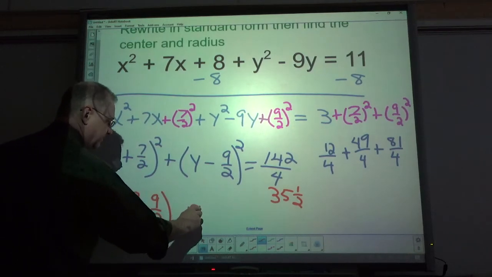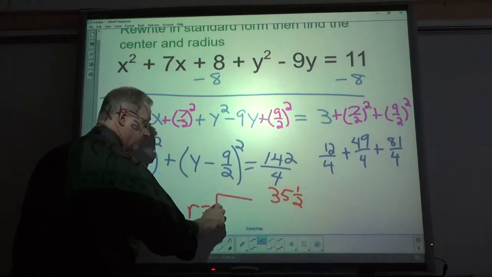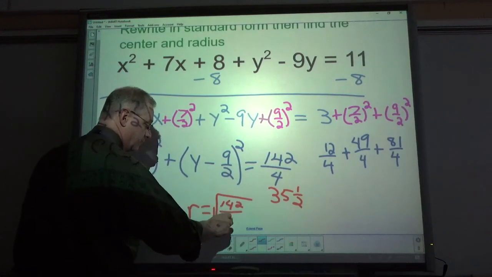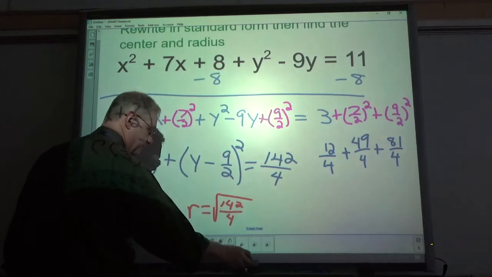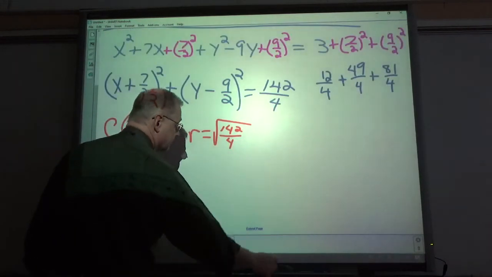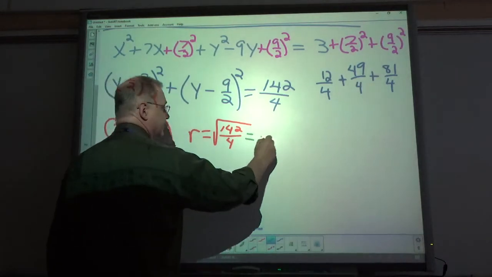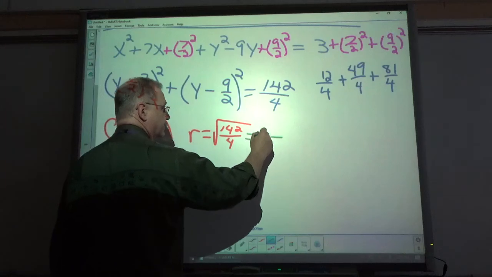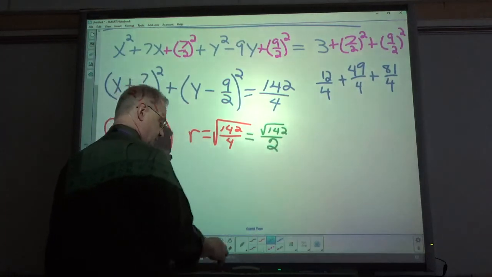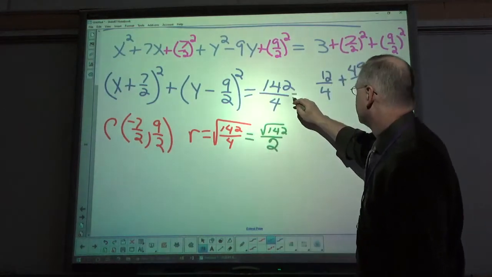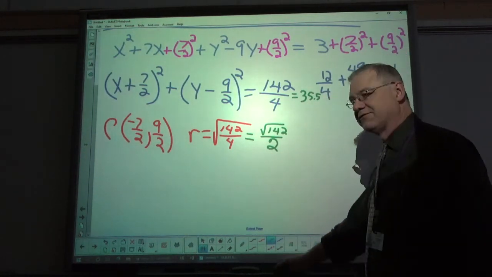The radius is going to be the square root of this. Let me just erase that for the moment. The square root of 142 over 4 is the square root of 142 over the number 2. Now, we said this is 35.5 or 35 and a half.